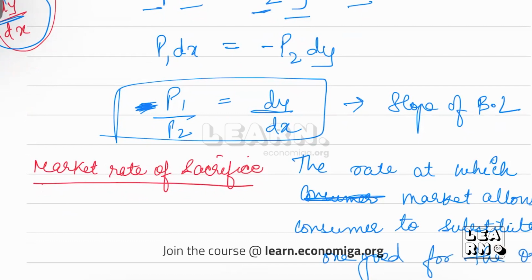Remember one thing here: you're dealing with affordability here, not with preferences. The consumer can't just sacrifice at whichever rate they want because they are given certain prices by the market. Only the market can tell how many units of X the consumer needs to sacrifice in order to obtain one more unit of Y.